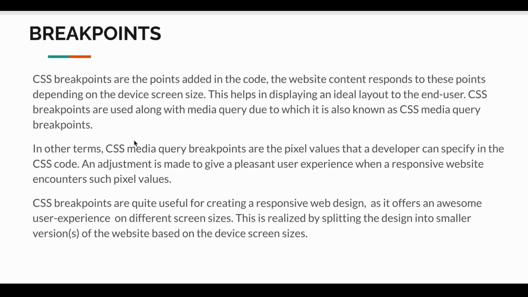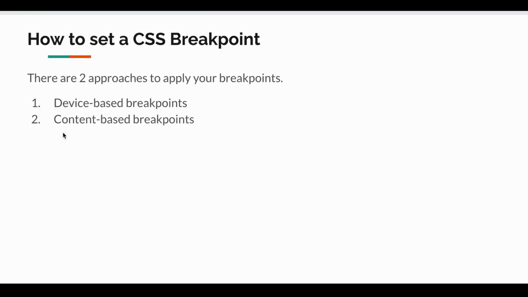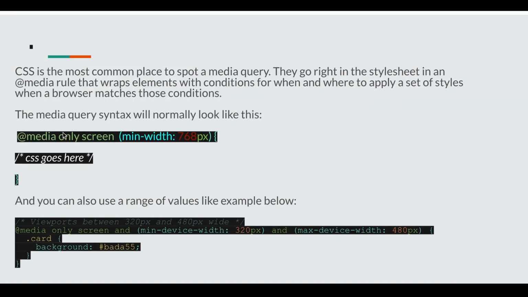Instead of min-width, there are also other properties you can use, like max-width. You can also use a range of values. Say you want a particular styling to take effect on screens between 320 and 480 pixels.